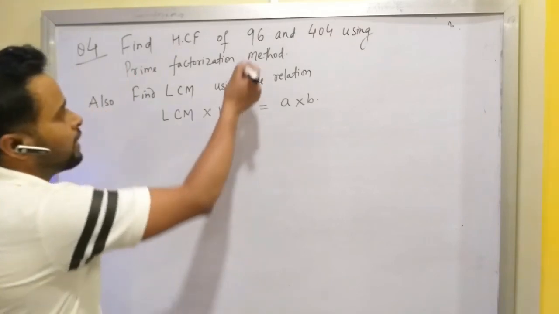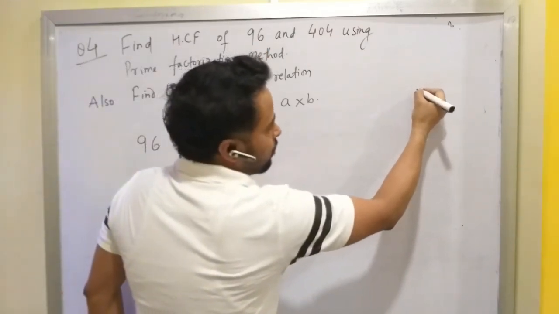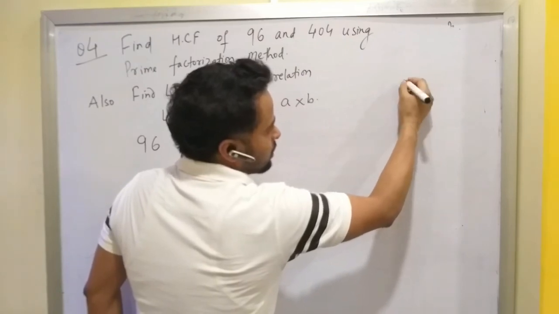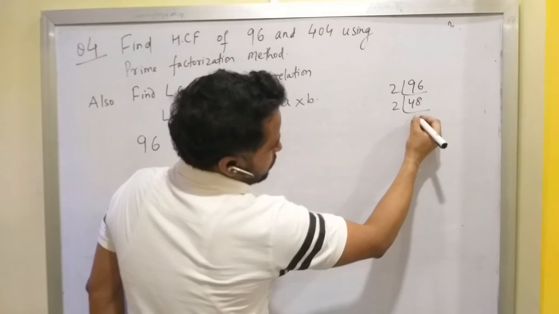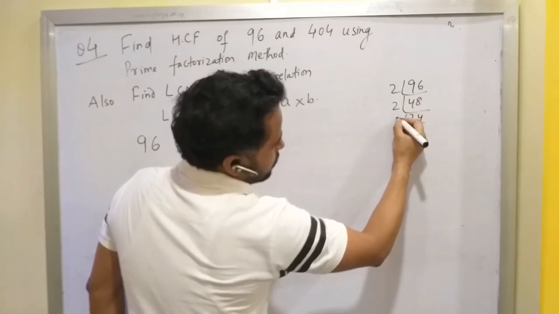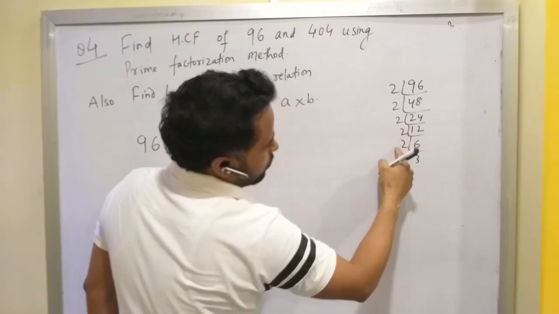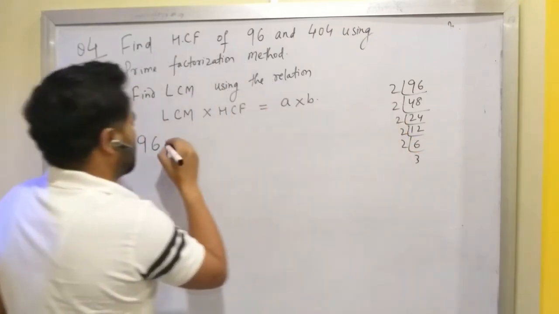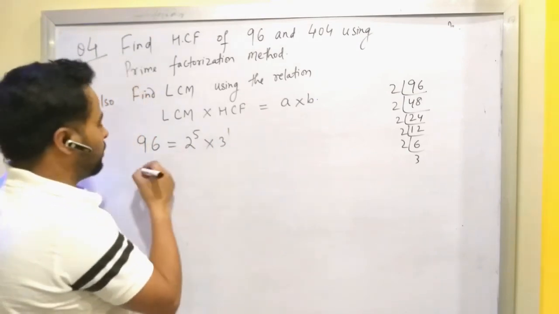First of all, let us find 96. The prime factors of 96: 96 to 48 to 24, then 2 12 to 6 to 3, 1 2 3 4 5. It is 2 to the power 5. Hope I am correct.